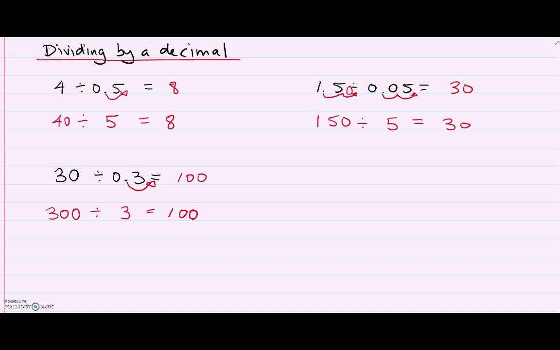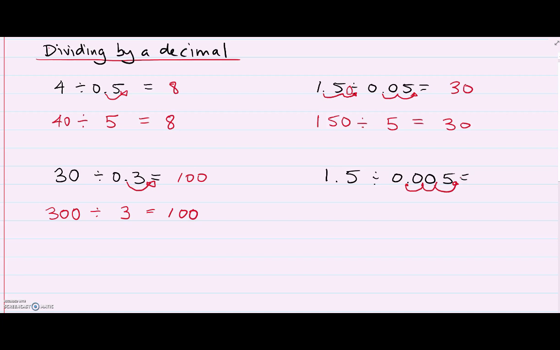I'll do one more. Let's say it's 1.5 again divided by 0.005. I want to make sure that I'm dividing by a whole number. So I'm going to move the decimal point in my second number not once, not twice, but 3 times to the right.